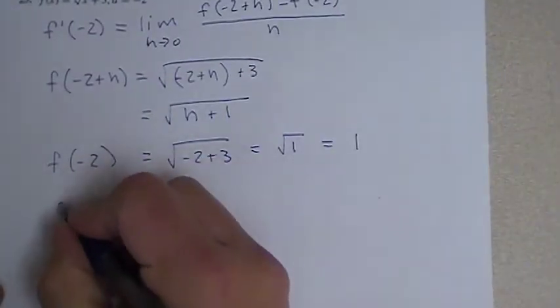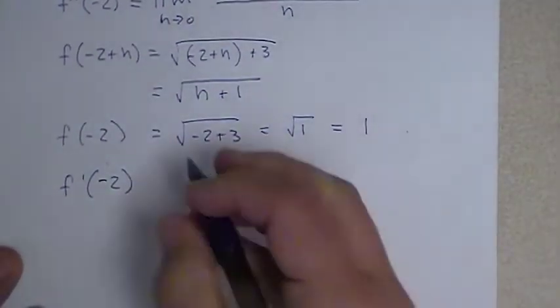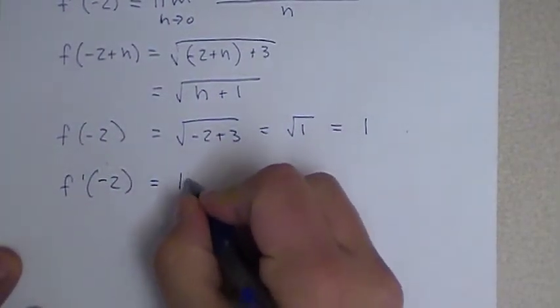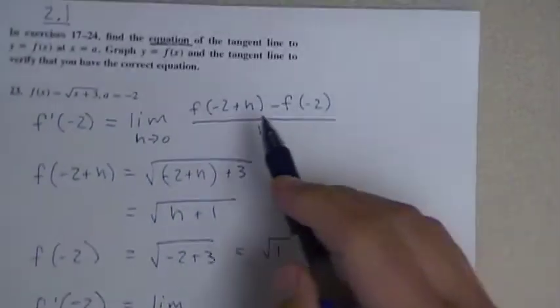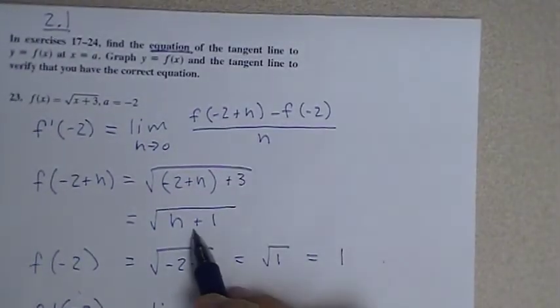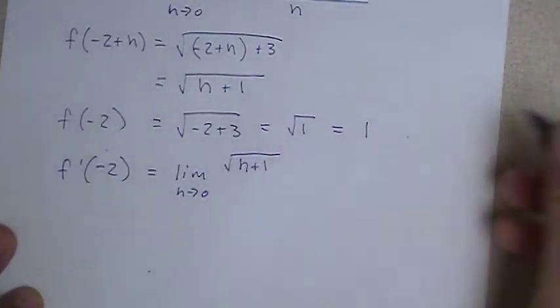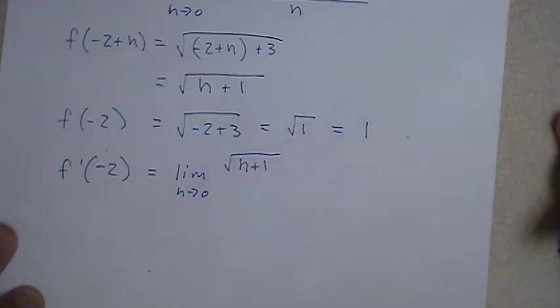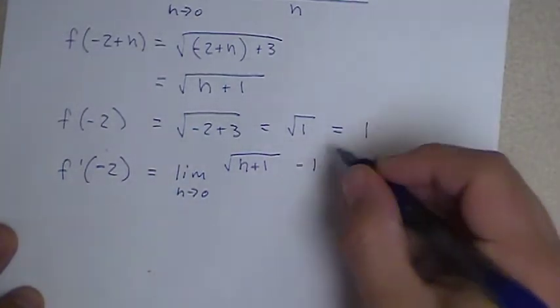So f prime of -2 is going to be found by taking the limit as h approaches 0 of f of -2 plus h, which we have right here in simplified form. So I'll take the square root of h plus 1 and toss it into that formula, and then minus f of -2, which is right here, so minus 1.